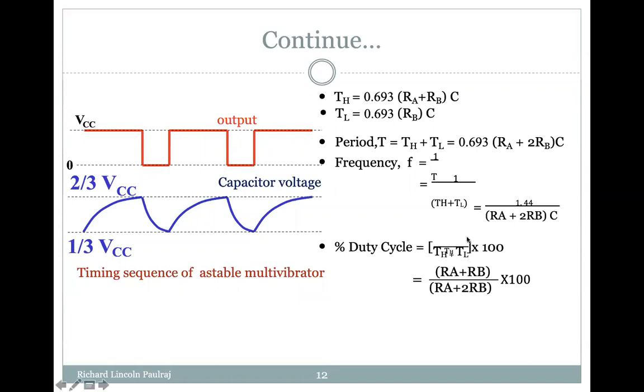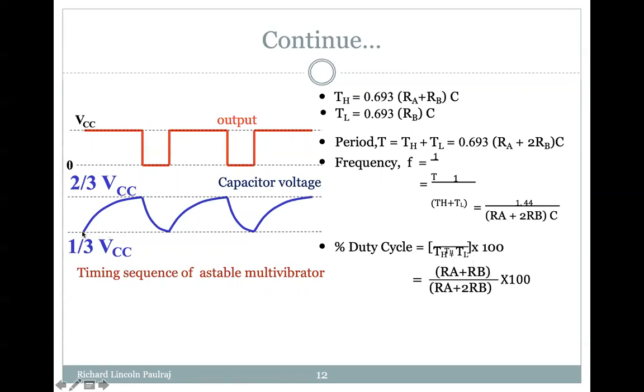Since I'm calculating the percentage, it is into 100. So TH, the charging, is (RA plus RB) divided by (RA plus 2 times RB), that is TH divided by (TH plus TL), multiplied with 100.